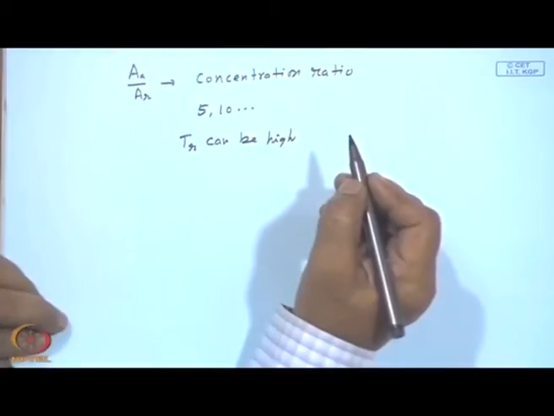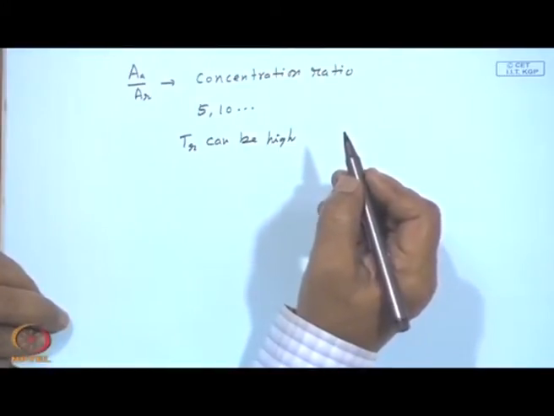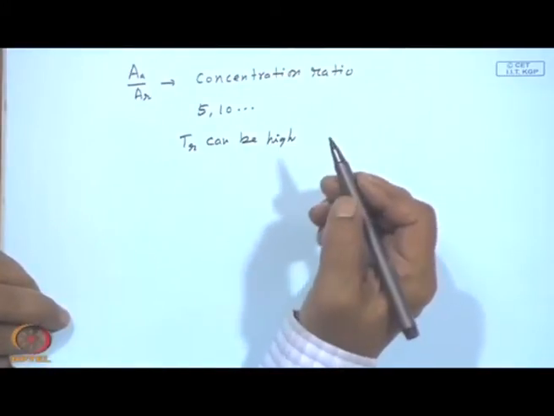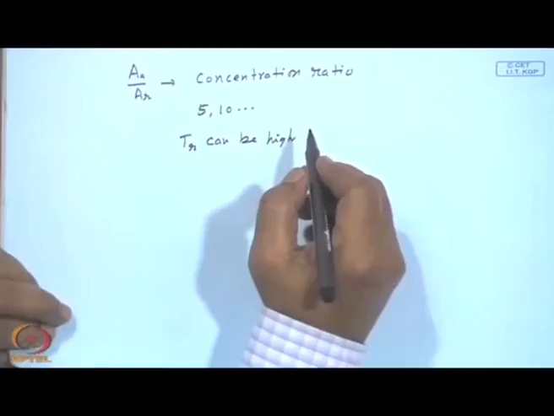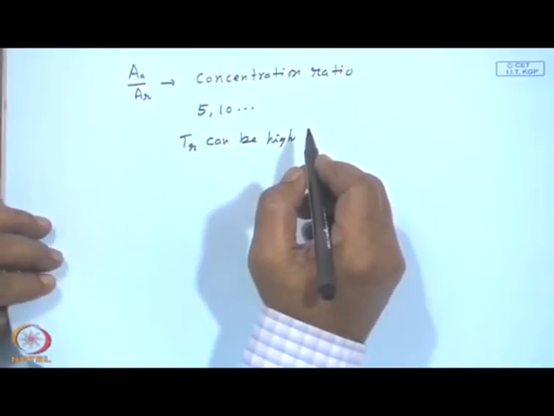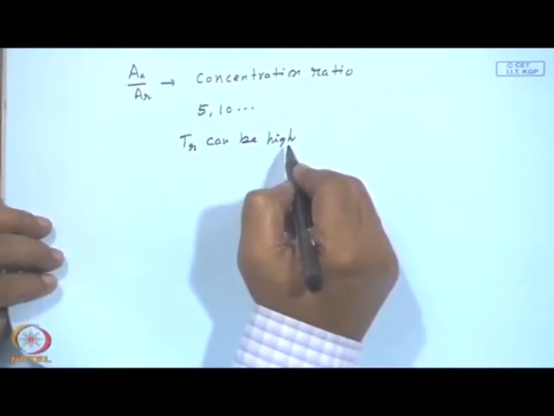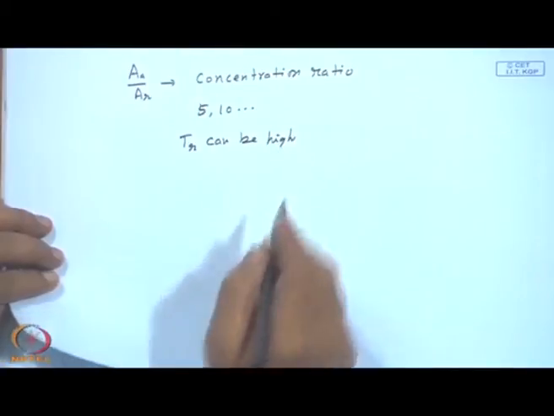So, you have a solar collection device which will give you a receiver temperature far higher than the plate temperature that you have in the case of flat plate collectors. Thereby, I may be able to use it for power generation or something.